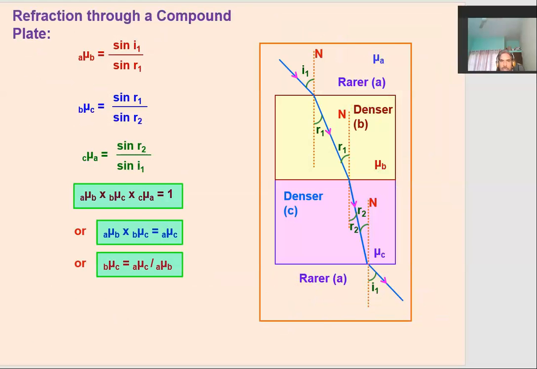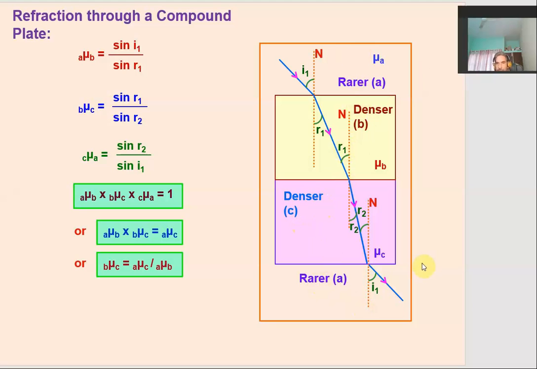Now we move to the next topic, which is about refraction happening through a compound plate. A compound plate you can take to be just like a set of different media, right? So we have one medium, for example air, then a denser medium, and then another medium of different refractive index, even denser than the second medium, and then the light ray again comes to the same rarer medium, for example air.